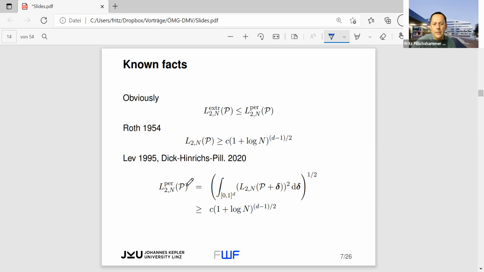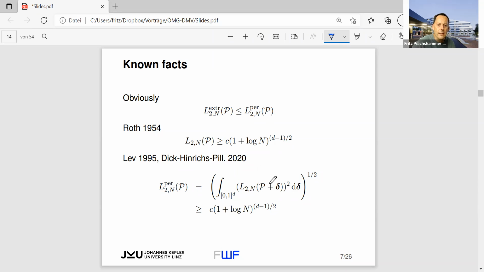Namely, the L2 periodic discrepancy can be written as the root mean square of the usual L2 discrepancy of the geometrically shifted point set P plus delta, where the root mean square is with respect to all shifts delta from the unit cube.